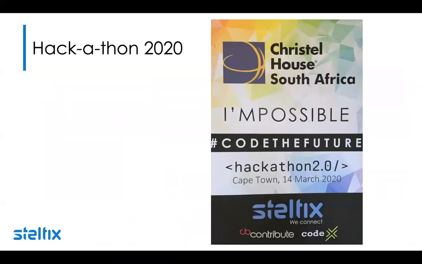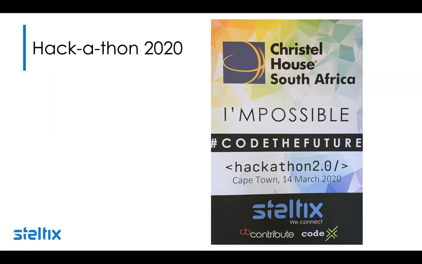This year, we did another hackathon, and once again we collaborated with Codex. This time we went abroad to Europe and involved a company called DB Contribute from Belgium to co-hack with us at a school called Crystal House here in Cape Town, a school that gives education to 750 children from previously disadvantaged backgrounds.